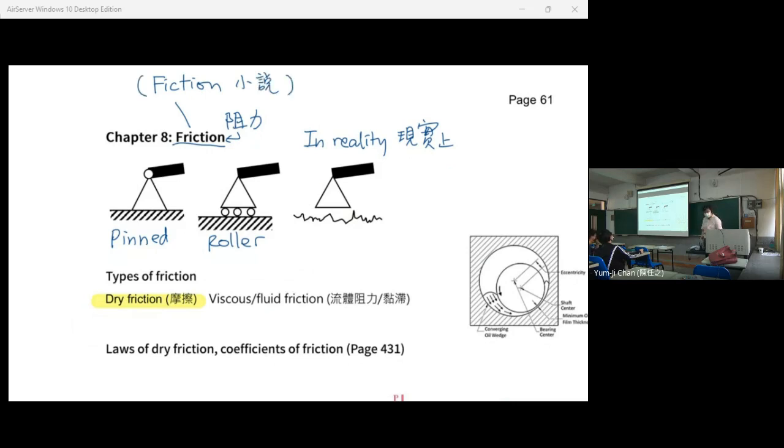So remember we have an R here. Is that okay? If we do not have an R, then it becomes 小说.